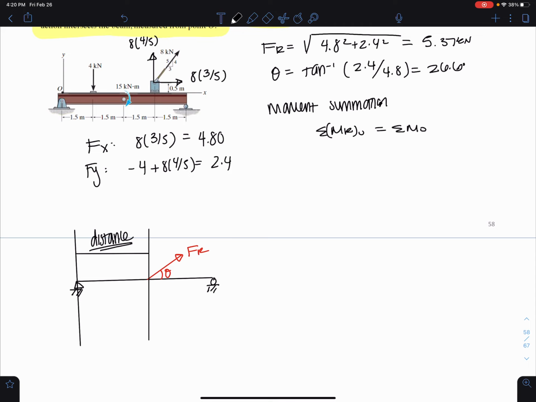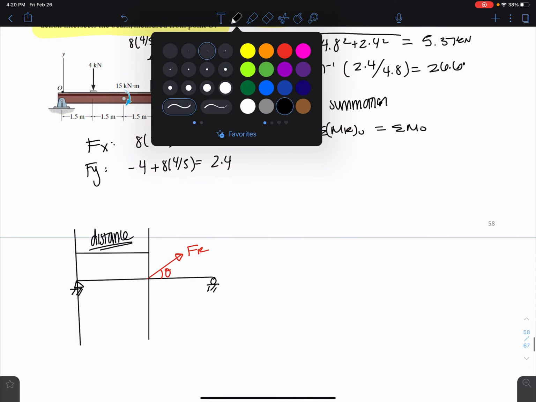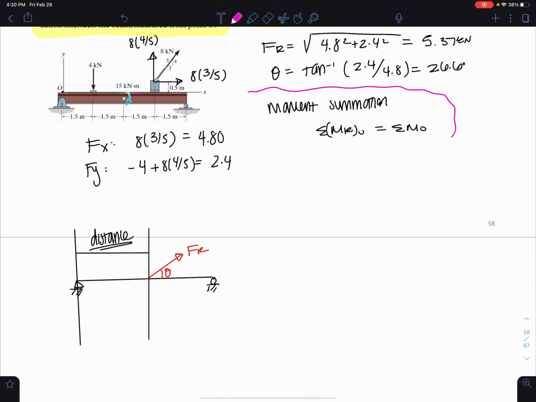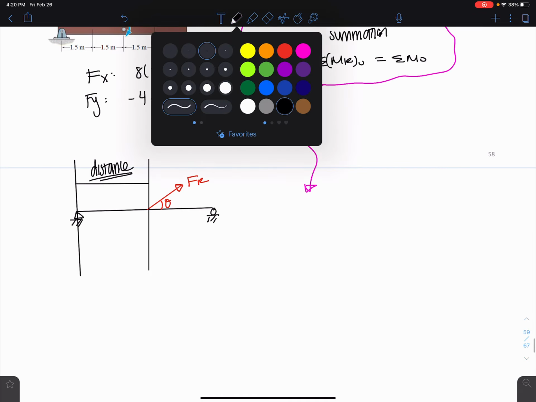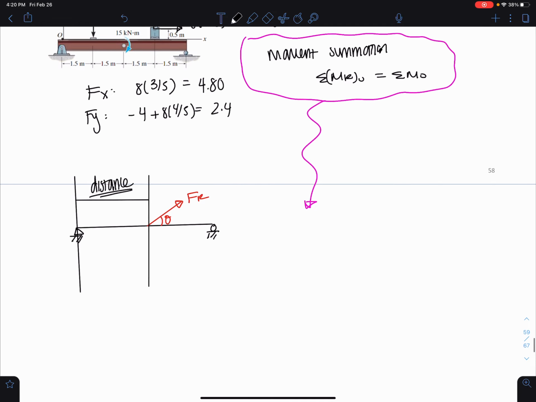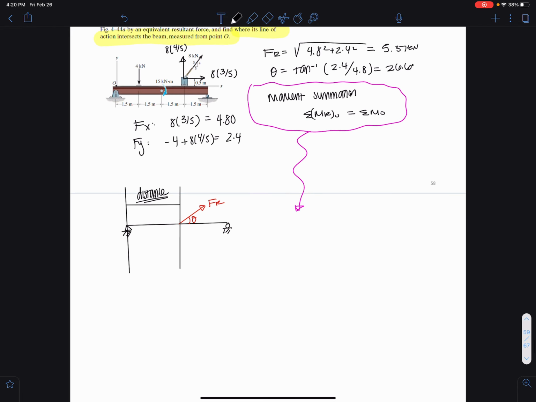What's the distance? To find that, I can use the moment summation because this gives me some information about distance. So I can say that FR is equal to 2.4 in the y direction. In this direction, I have 4.8.